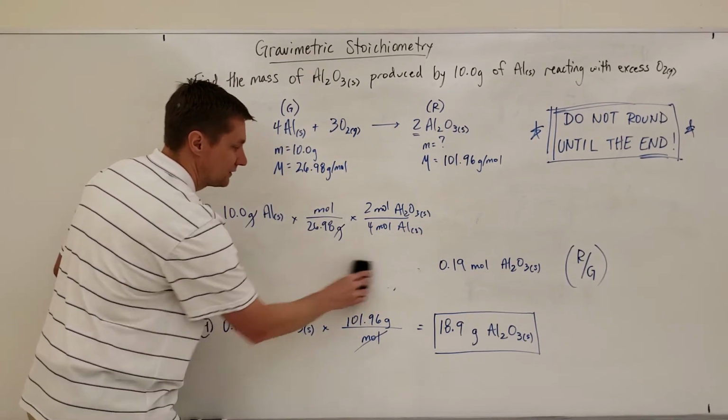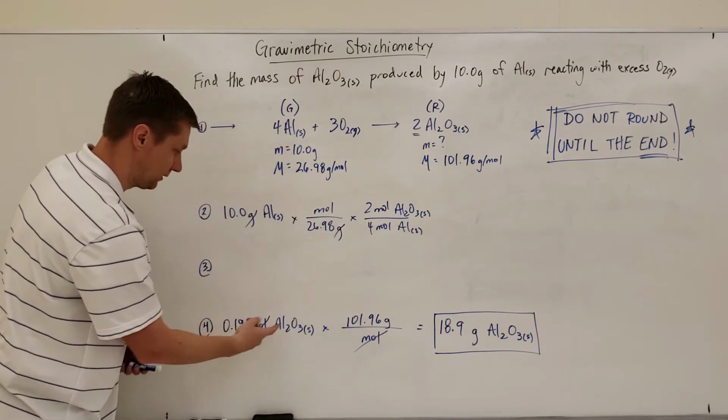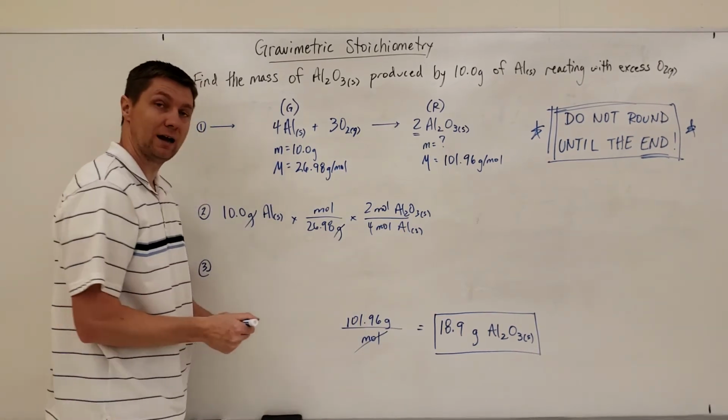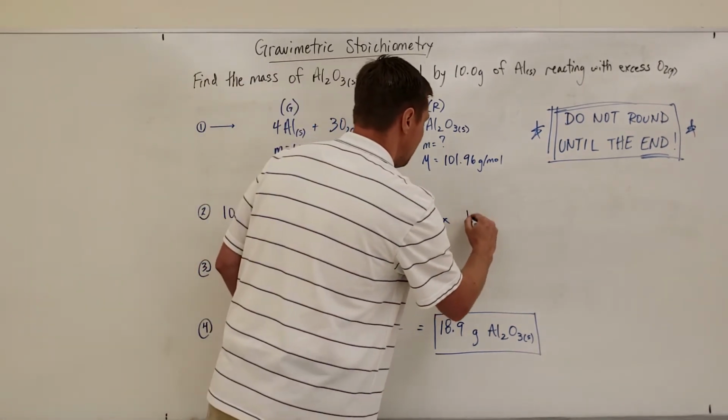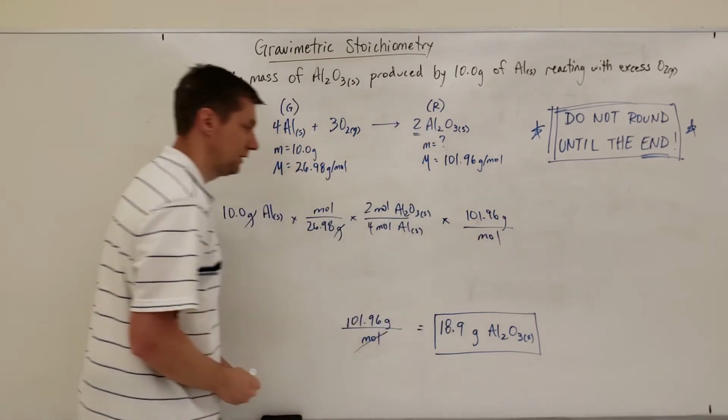And so now all of that is gone. And then my last one here is, again, I don't need to write that 0.19. I can just take my molar mass and write that down there.